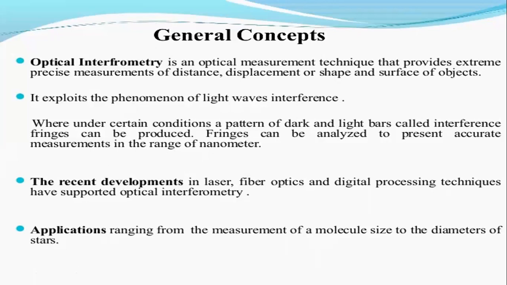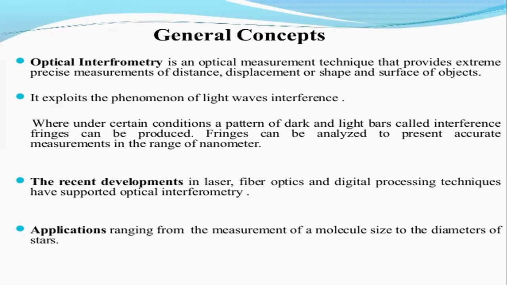Generally, optical interferometry is an optical measurement technique. So we are going to make measurements in an optical way, which is called interferometry, by using a light source, and that provides extremely precise measurements of distance, displacement, or shape and surface of objects.